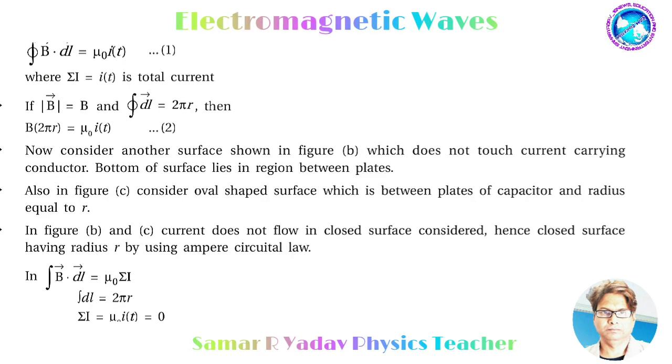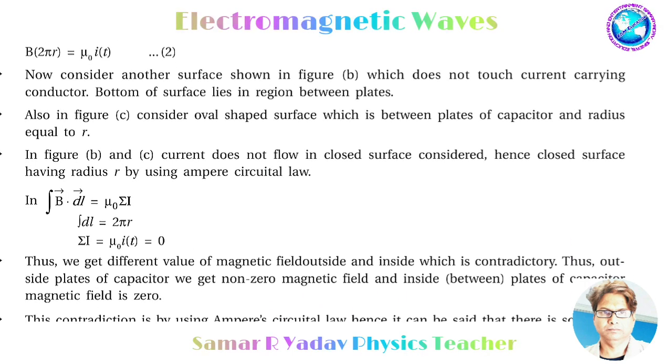In figures B and C, current does not flow through the closed surface considered. Hence, for the closed surface having radius r, by using Ampere's circuital law, the integral of vector B dot vector dl is equal to mu 0 summation I, with integral dl equal to 2 pi r and summation I equal to 0.